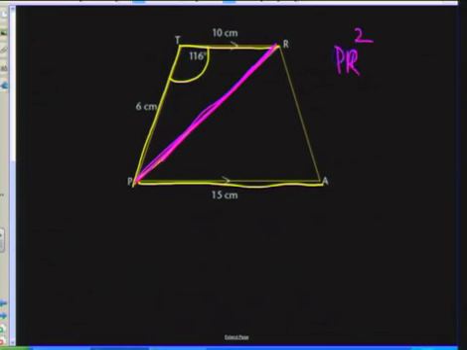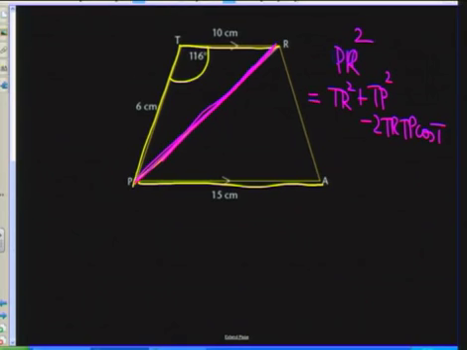PR squared is going to equal the other two that you know, so it's TR squared plus TP squared, and then you're going to minus 2 TR TP cos of T. So the two sides that you know squared, and then cos of T is the included angle.